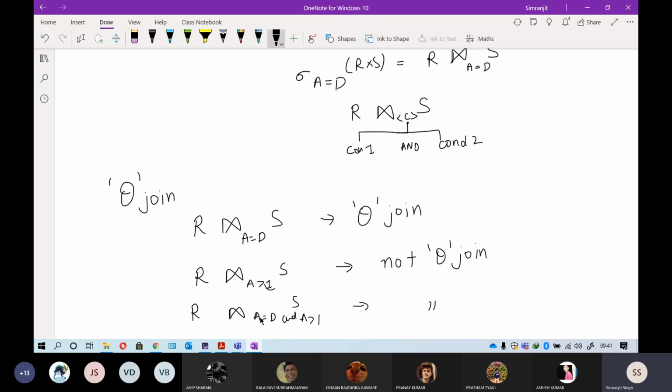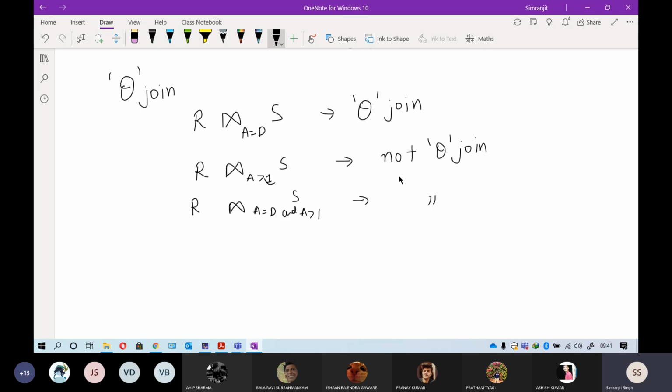The comparison should be between only attributes, but in this AND condition's second part you are comparing it with a constant. So that is again not a part of theta join. Keep that in mind. Theta join is just a condition that the comparison should be between attributes. If the comparison is not between attributes, you cannot call that a theta join. You can simply call it a join. Okay, just for your own sake.